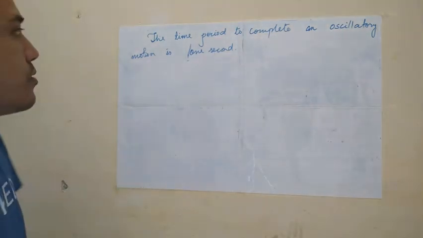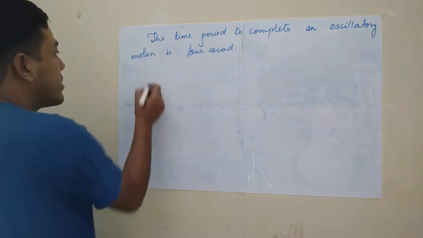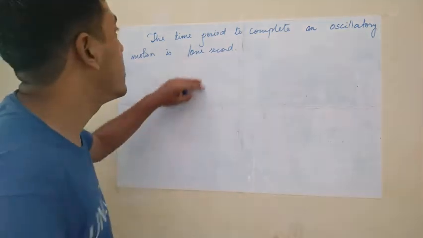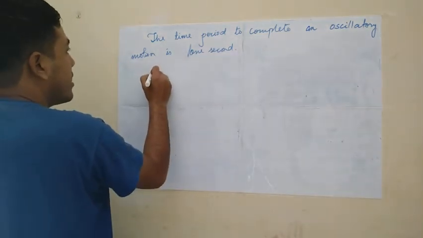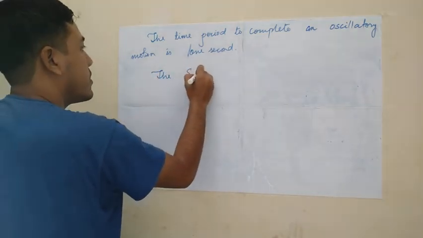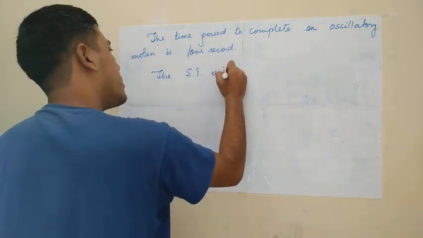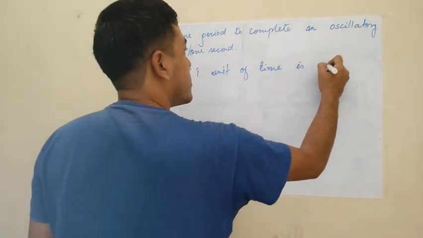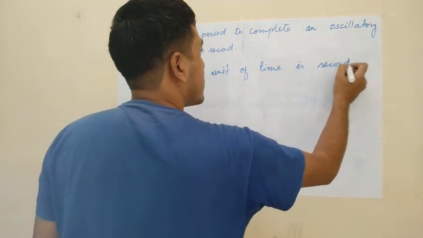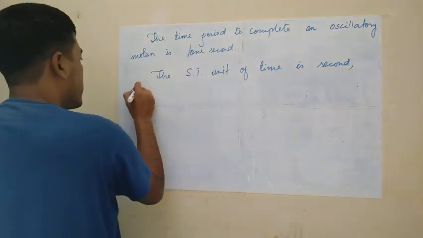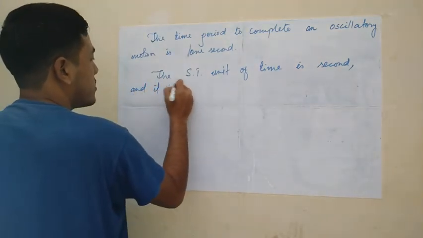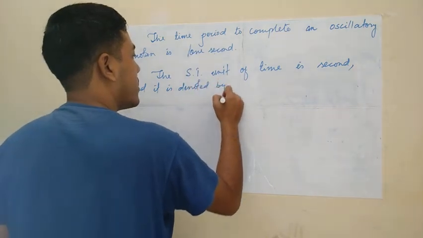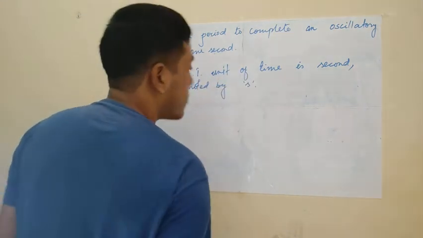Now look here. Then we can start with the unit of time. The SI unit of time is second, and it is denoted by small letter s.